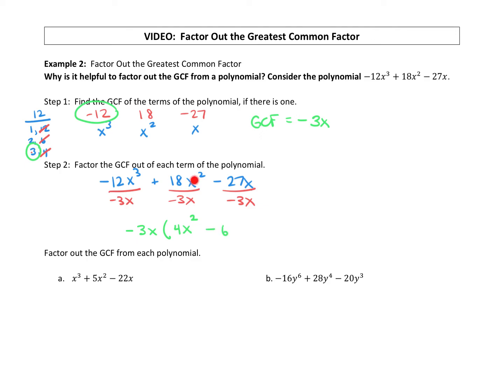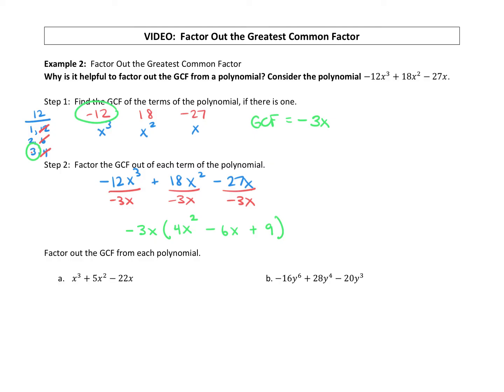We have an x squared divided by x, so keep your x, subtract your exponents. That'll be x to the first. And then we have a negative 27 divided by a negative 3. When we factor that negative 3 out, we get a positive 9. And then if you have an x over an x, essentially they cancel each other out, and so we have factored out the negative 3x.